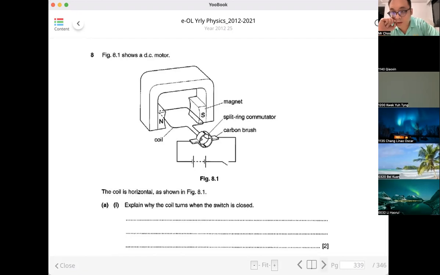Okay, Oscar, I'll give you 2 marks. You can improve a bit more if you mention that left side, the force goes up or down. But based on your direction, I will not fault you. You're actually correct. Ryan, let me read your answer.